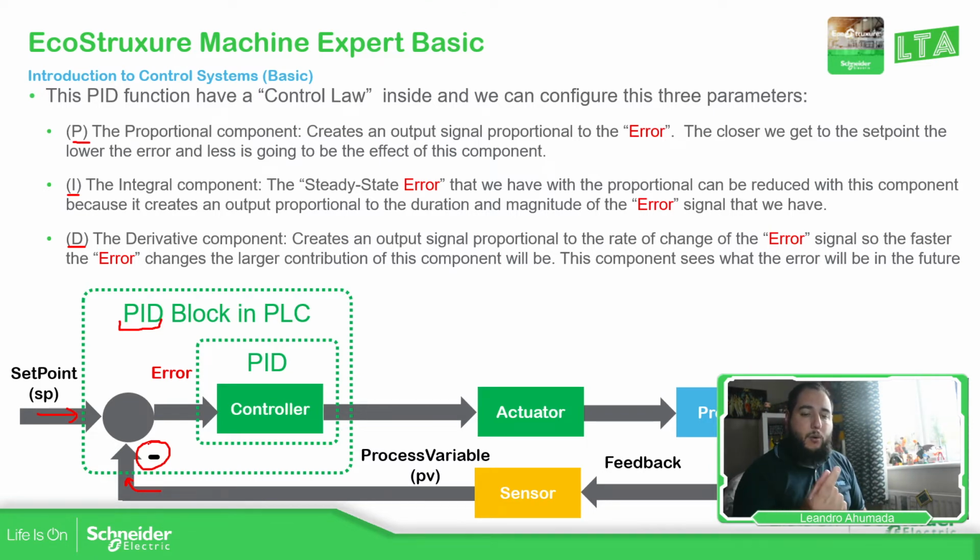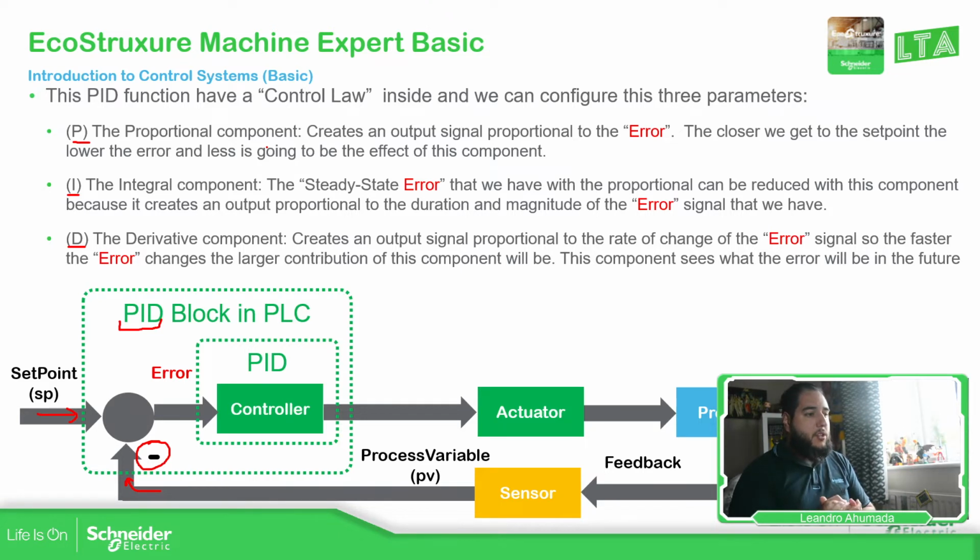Based on that error, each part of the PID has an influence. So for the proportional part, it creates a proportional value based on this error. So the closer we are to this set point, okay, the lower will be the action, because the proportional part is going to have less interaction or less component in here.